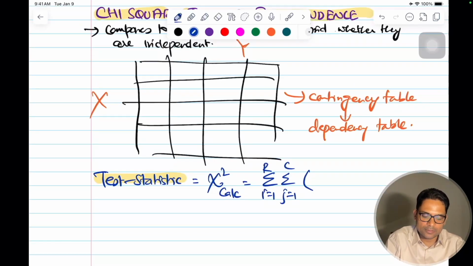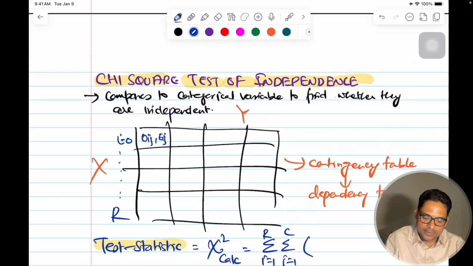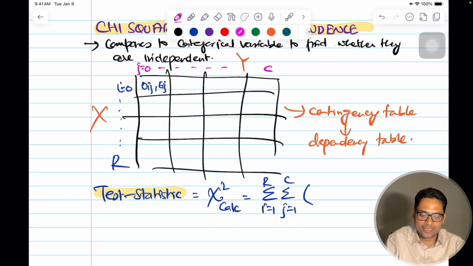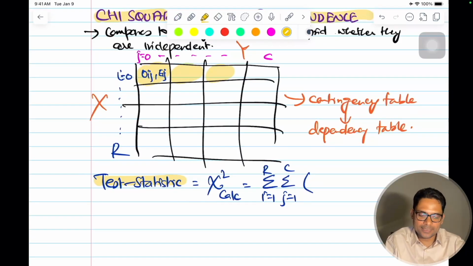And then the same thing: O_ij and E_ij for each i and j. So i will be moving from 1 to r, and j will be moving from 1 to c. So each cell will have values like O_ij, E_ij.